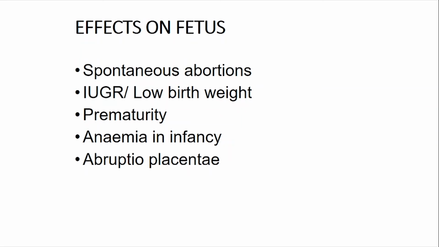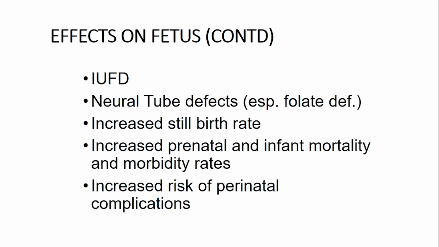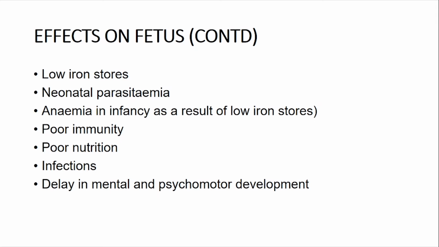What are the effects of anemia in pregnancy on the fetus? There could be spontaneous abortion early in gestation. There could be intrauterine growth restriction or low birth weight. There could be prematurity. There could be anemia in infancy, and they could also be complicated with abruptio placentae. There could be intrauterine fetal death, neural tube defect, especially when there's folate deficiency, increased stillbirth rate, increased perinatal and infant mortality and morbidity rates, increased risk of perinatal complications.